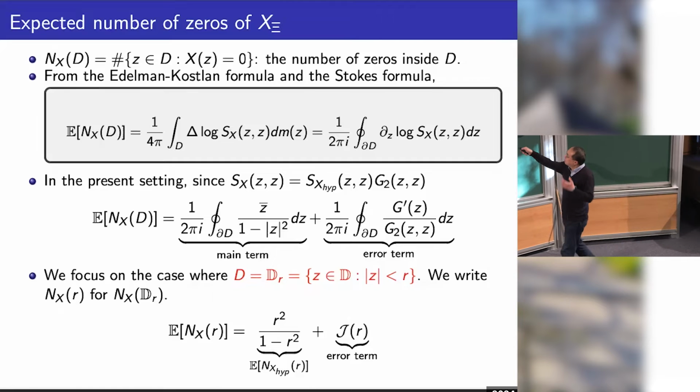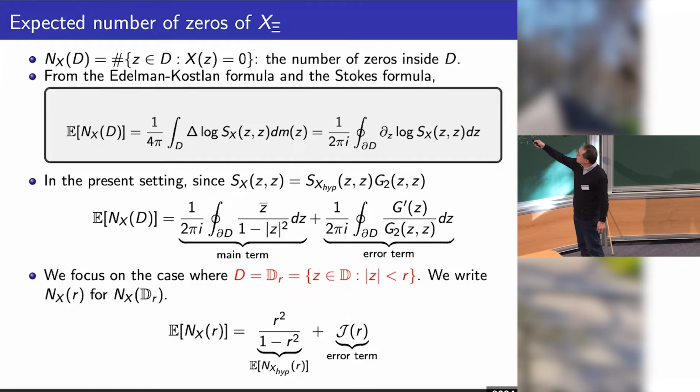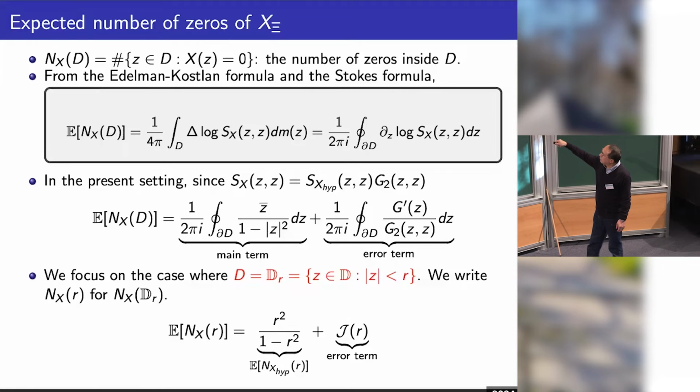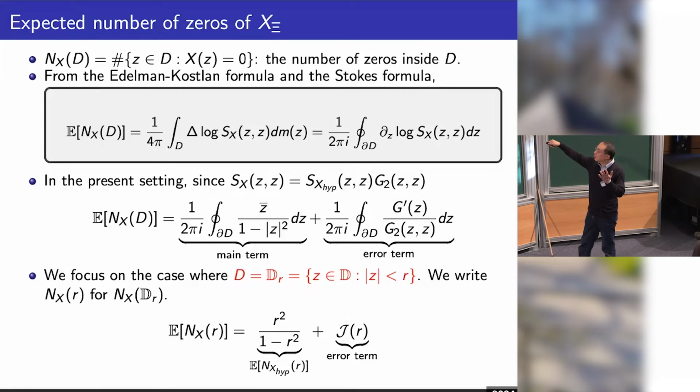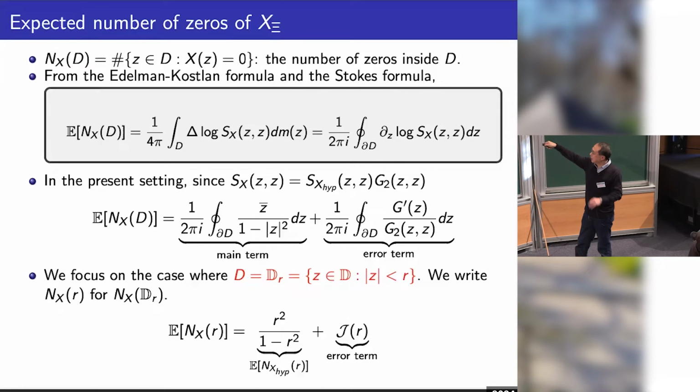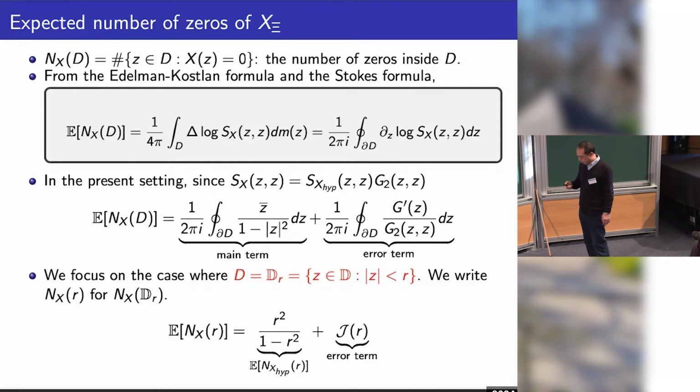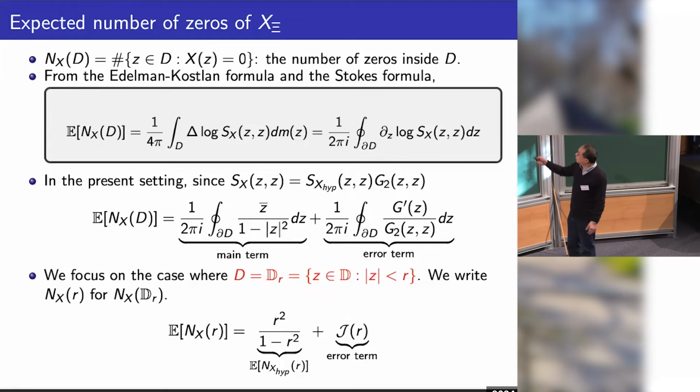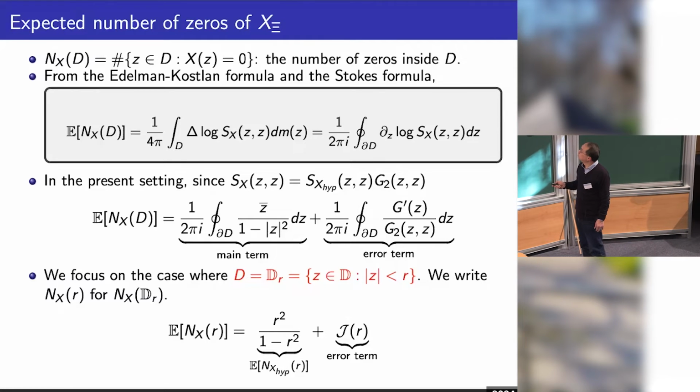Later, we just consider the simplest case, D equals the disk of radius r. Then the first part, the i.i.d. case part, is r squared over 1 minus r squared, plus some error here. So what happens for this error term?